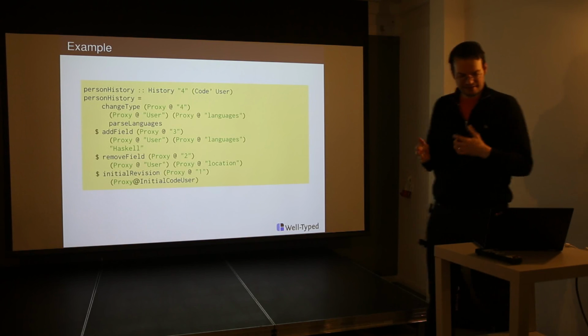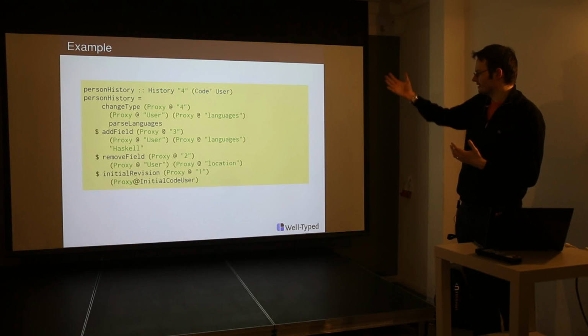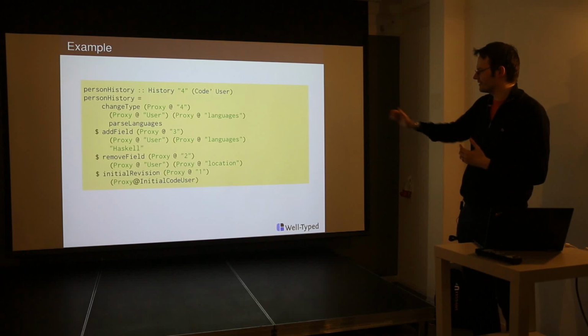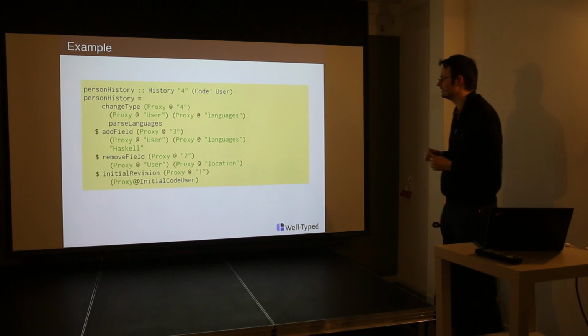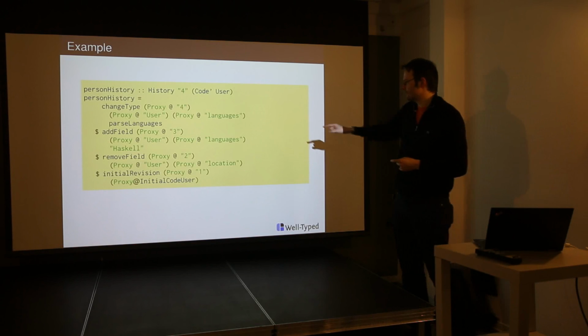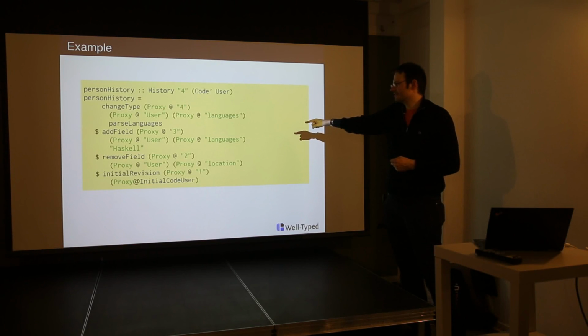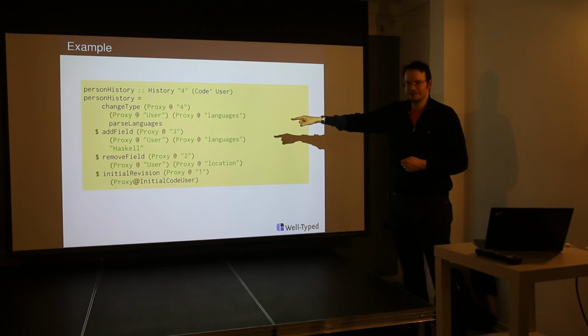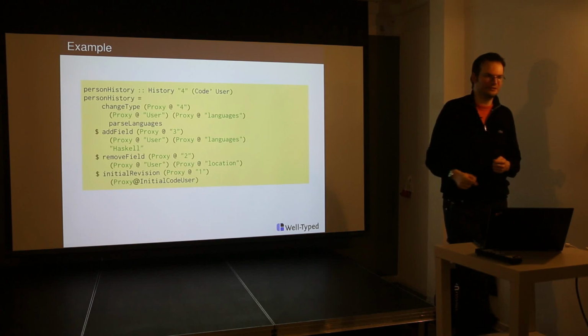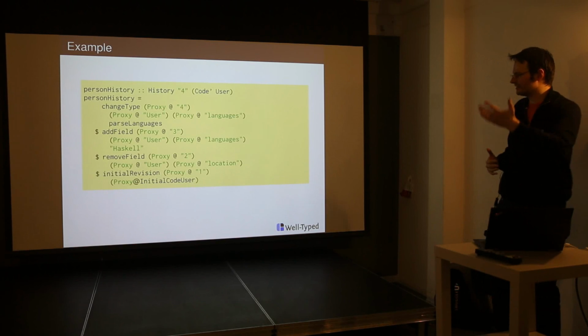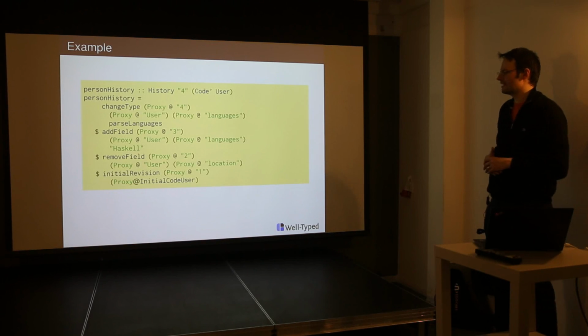The way this is defined, you can see that, for example, I haven't said explicitly what type the field languages is that I add. That is inferred from the default value here, because I'm giving a string, the type has to be string.